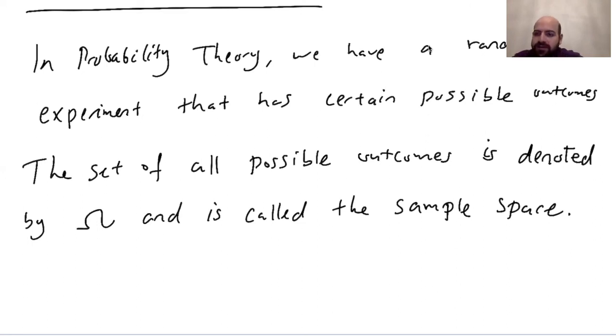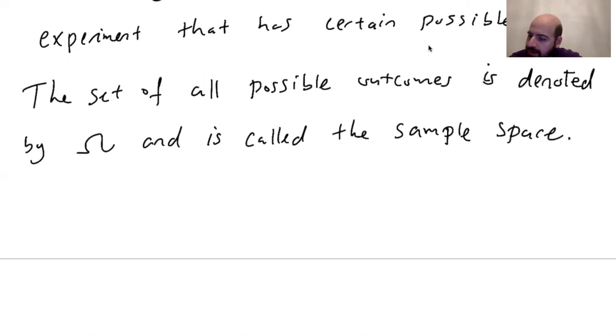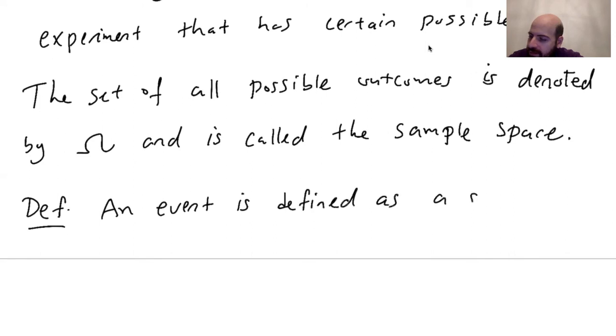What was an event, if you remember from your probability course? Definition: an event is defined as a subset of the sample space omega.